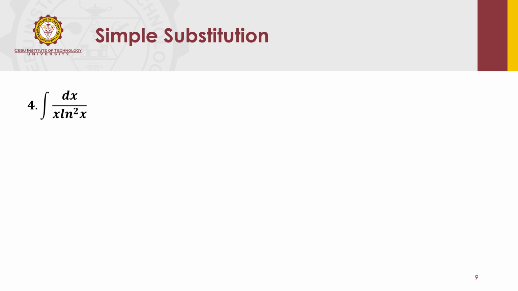So we'll just have to determine where to form our u and if the u is readily available or needs a neutralizing factor. Or maybe simple substitution is not applicable, and it will not form du. Maybe another method of integration is to be used.